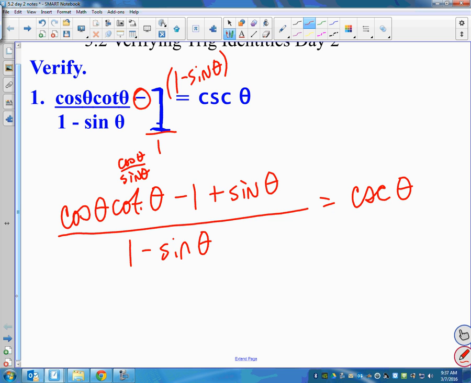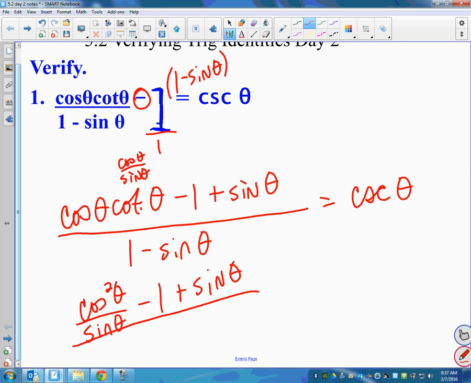So if I put cosine times cosine over sine, that would just give me cosine squared over sine. And then I have minus 1, and then I have plus sine theta, all over 1 minus sine theta. Better?